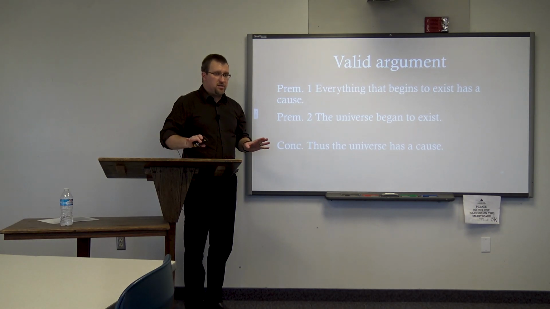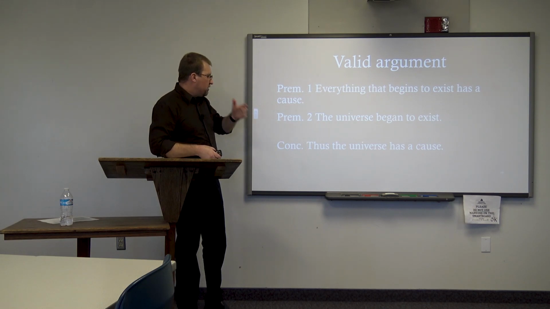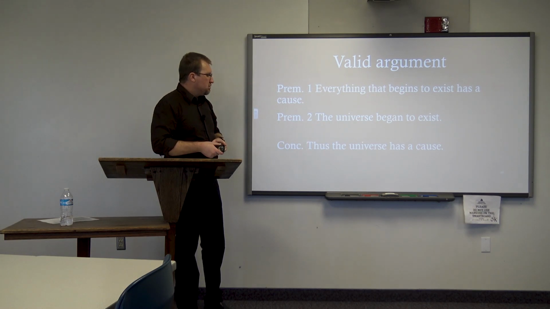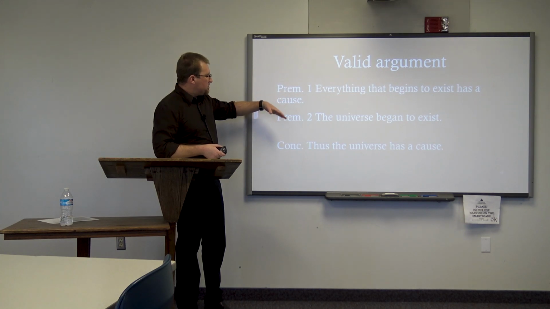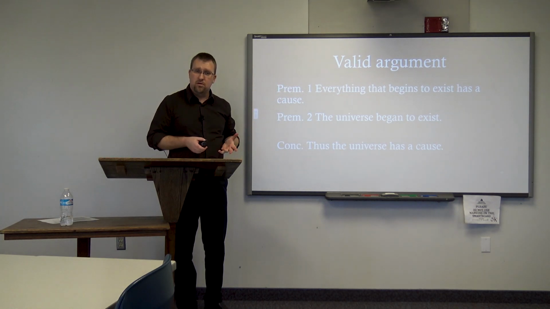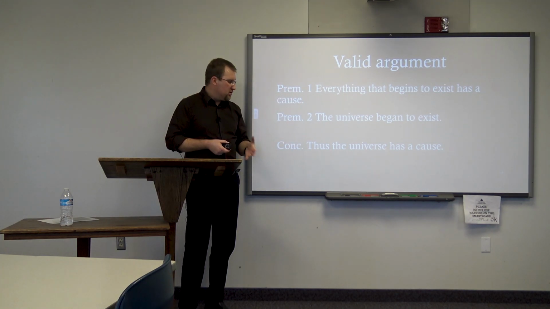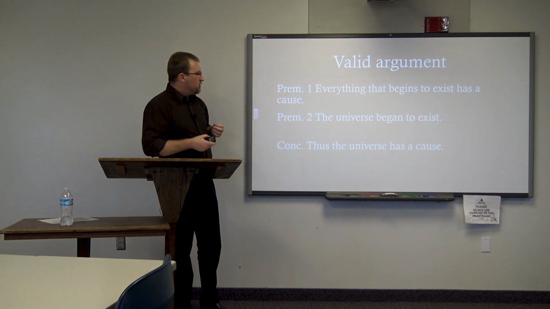It doesn't make any sense to say, I agree with premise 1, I agree with premise 2, but I'm not sure about the conclusion. Or it doesn't make any sense to say premise 1 is true, premise 2 is true, but the conclusion is clearly false. If you accept these two, you ought to accept the conclusion. The conclusion follows from the premises.